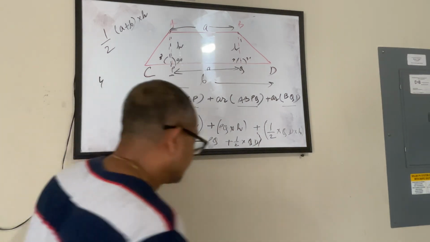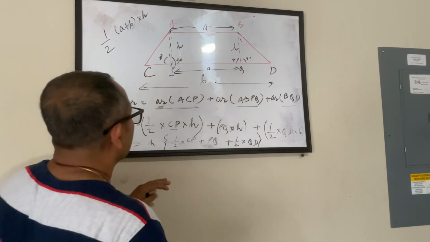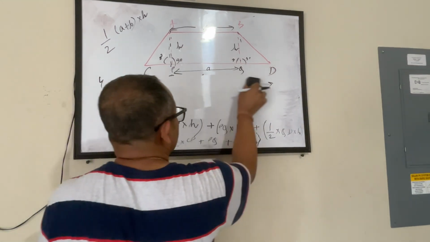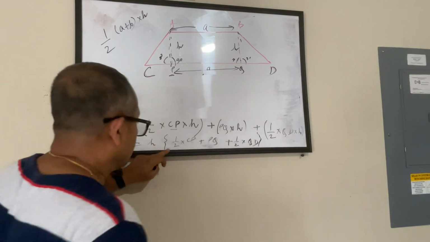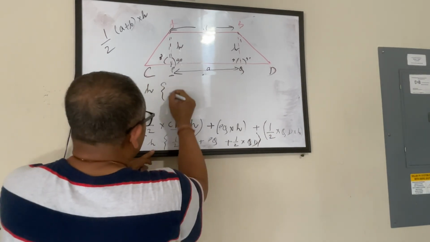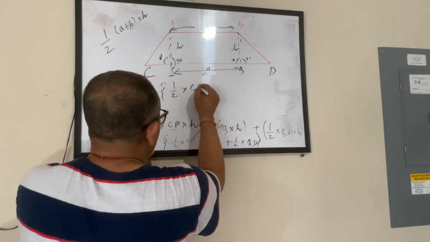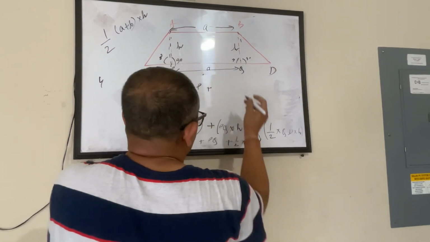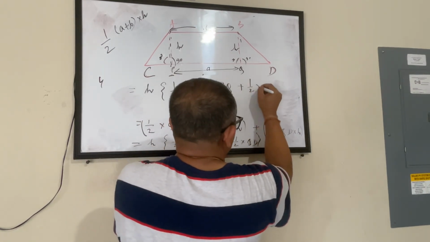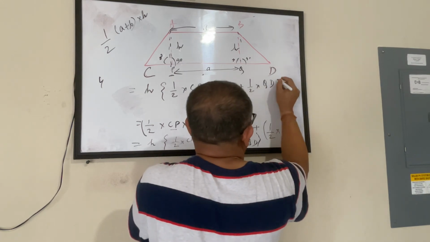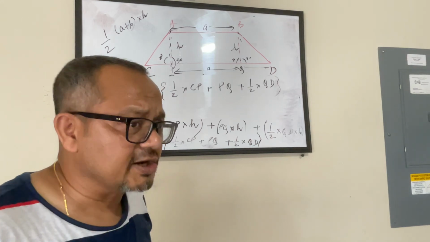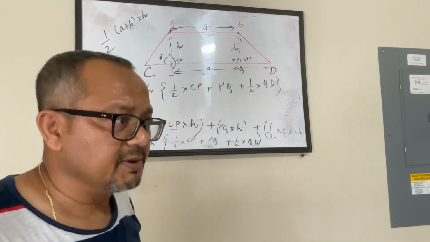Now look at this. Let me take this line out so that I can continue with my calculation. So H is out, then I have half into CP, this length, plus PQ plus half into QD. QD is this length. Are you guys with me so far or getting confused? Everybody with me so far?